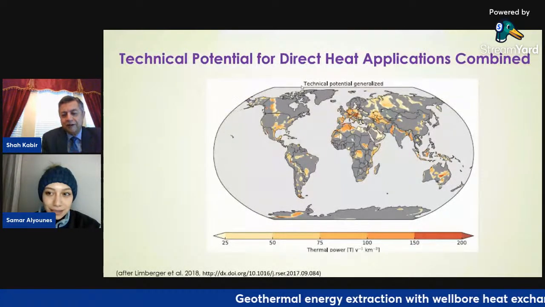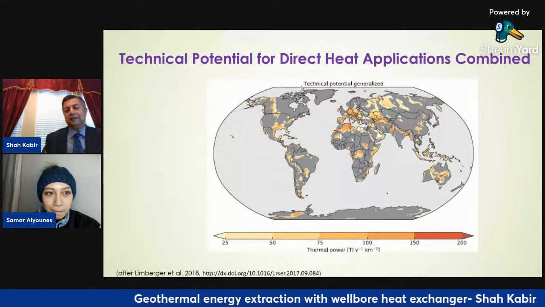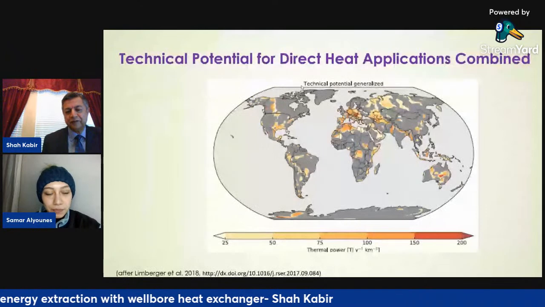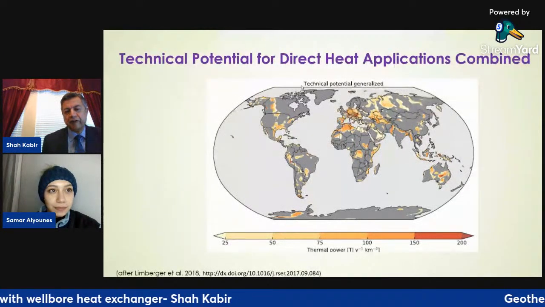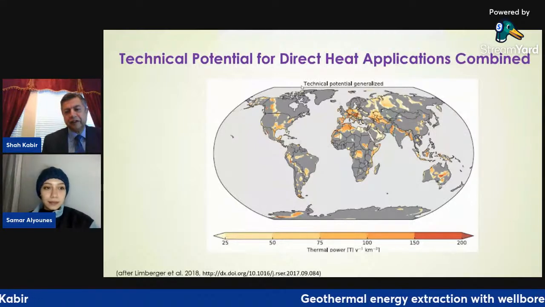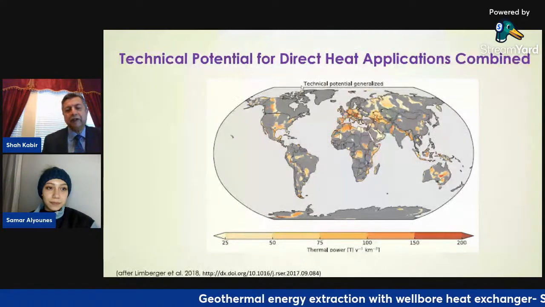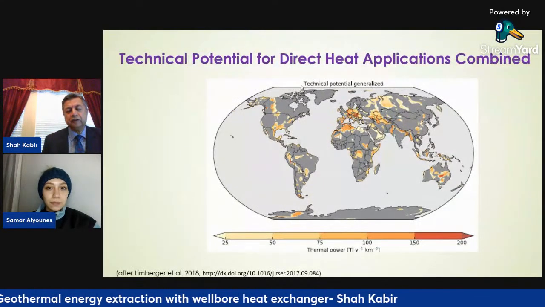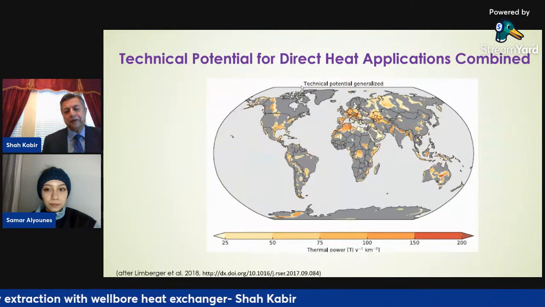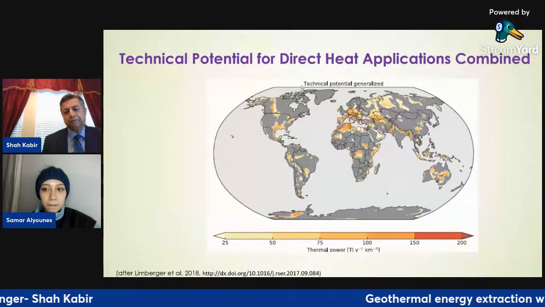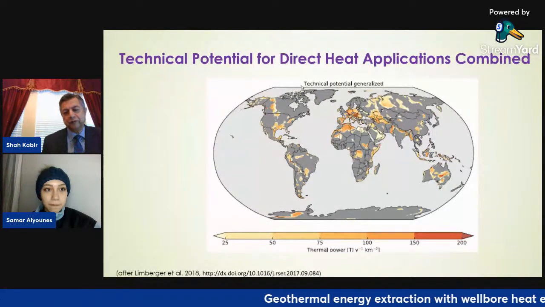Very good question, but I cannot give you an answer off the top of my head because we have to figure out the circulation rate, because that will dictate the volume of fluid that we have at a certain temperature. That will dictate how much power we're able to generate. So yeah, we can do those simple calculations.